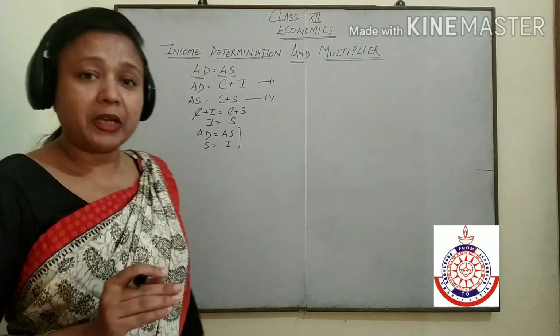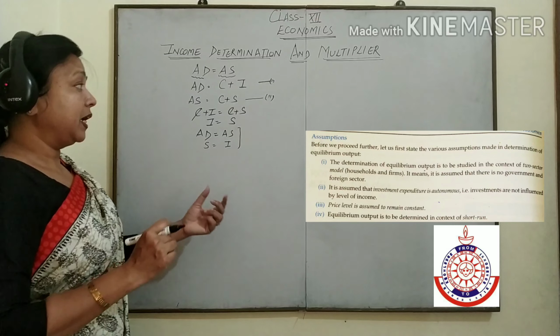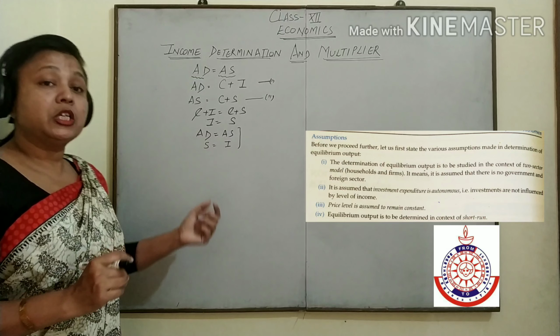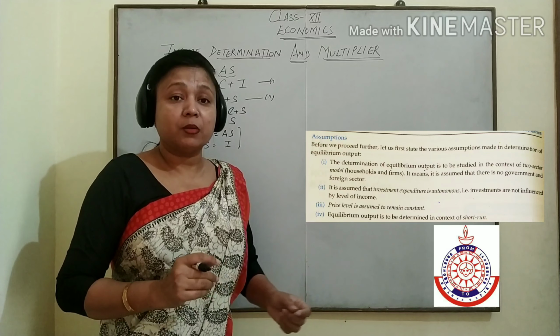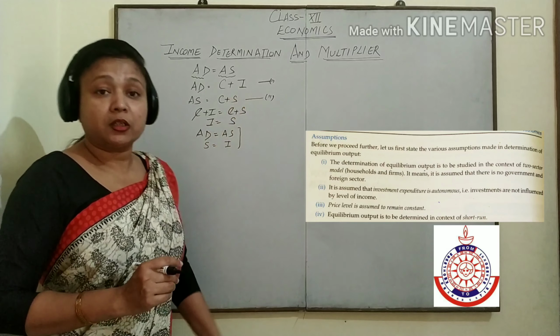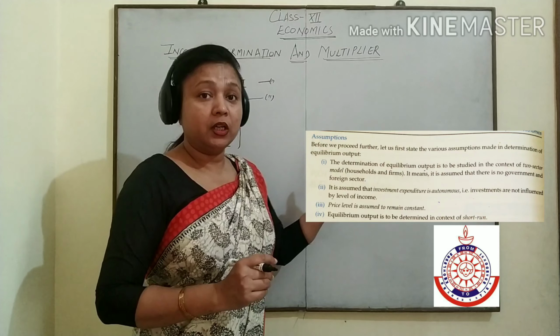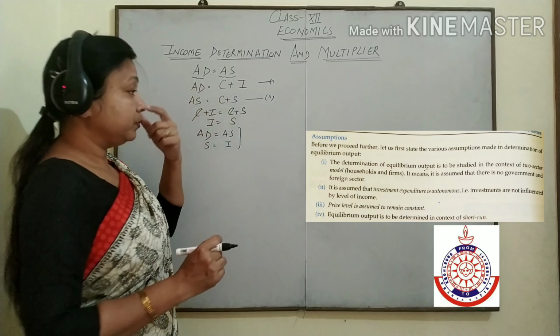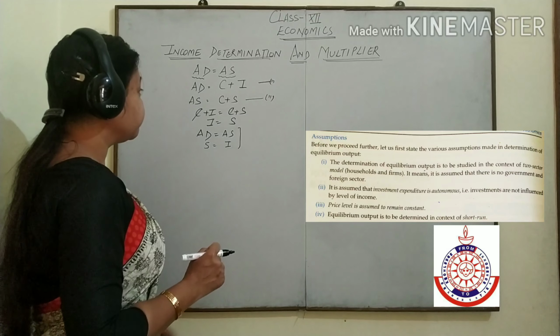As you know, macroeconomics is based on some assumptions. Same like this, equilibrium is also based on some assumptions. The first assumption is that we are talking about only a two sector model. Two sector model means we are taking the household sector and the producer sector.